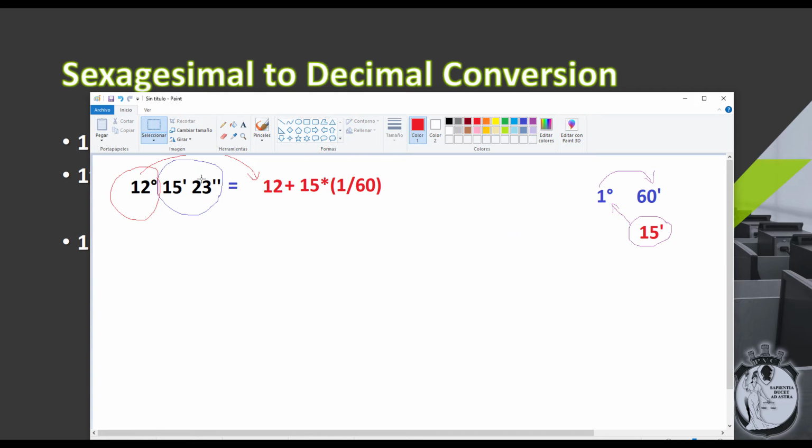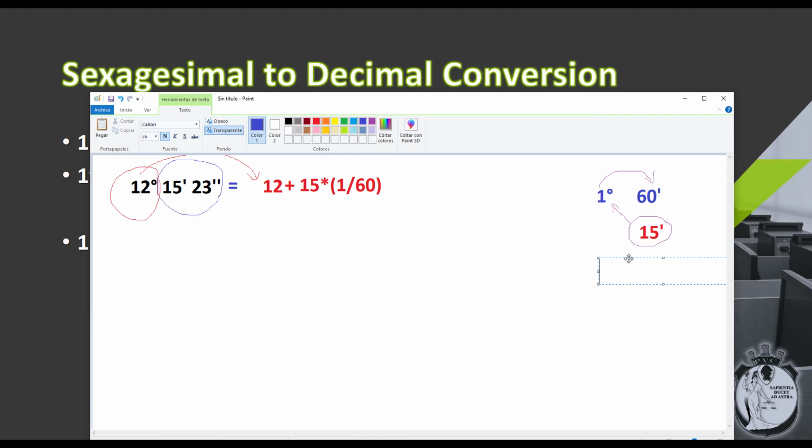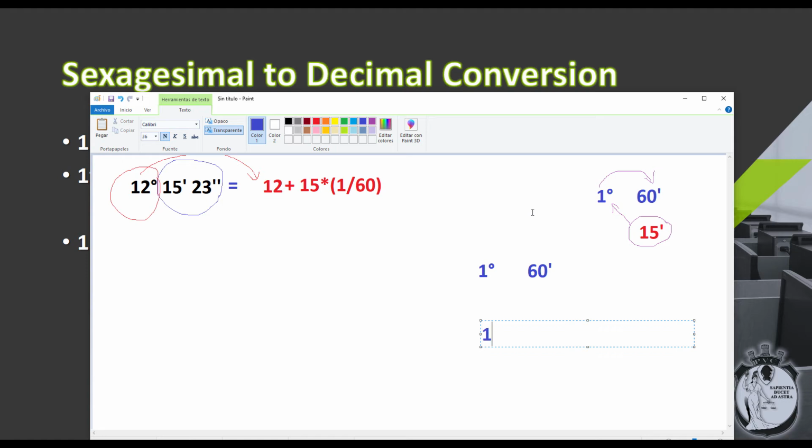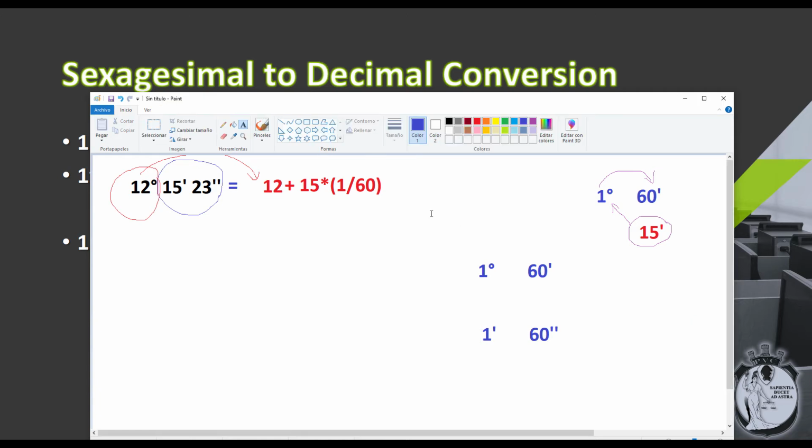Now, what happens with the seconds? Again, you need to remember that 1 degree is 60 minutes and 1 minute is 60 seconds. So when you need to convert seconds to degrees, you need to do two conversions.